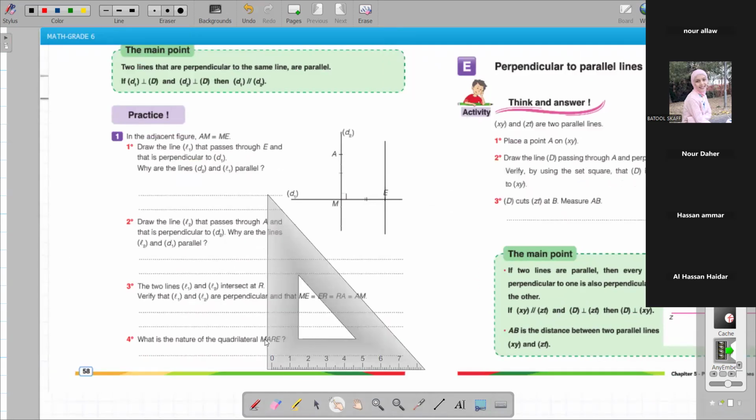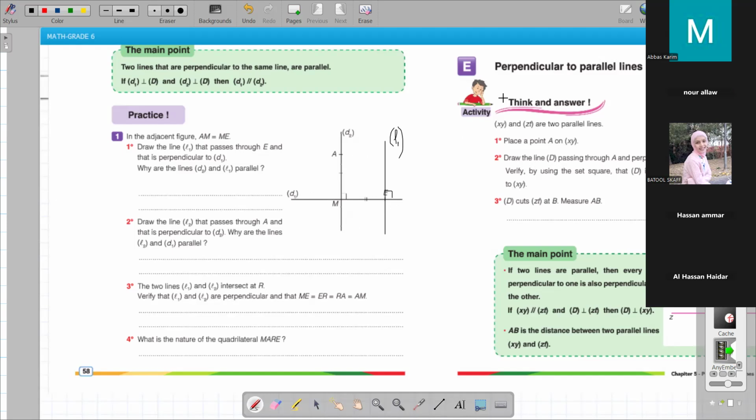Let me remove this and put the 90 degree sign. What do we call this line? We call it L1. Always put the name of each line. This is the L1 that they set for us. So L1 is a line that is perpendicular to the line D1 and passes through the point E.